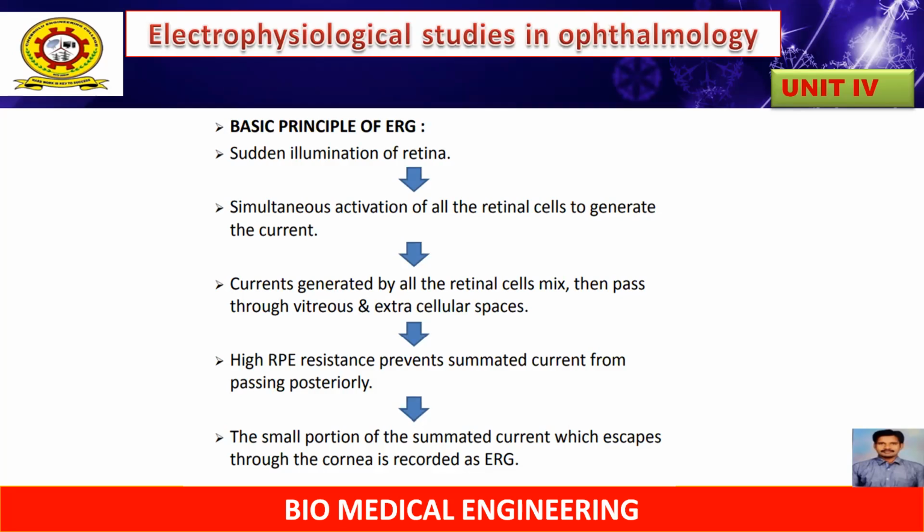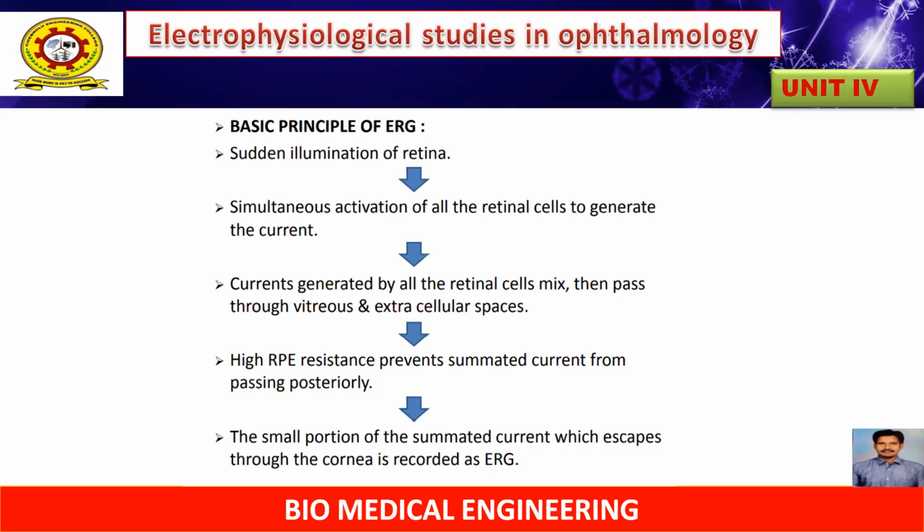So it is the small portion of summated current. The small portion of summated current means, here, this optic nerve cross section. So that is called here the small portion.